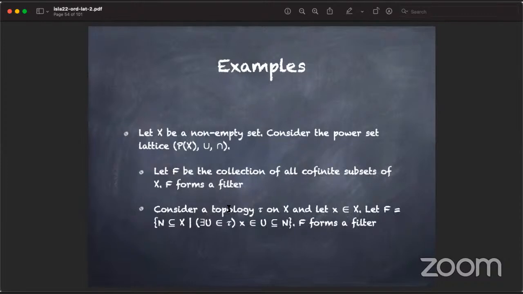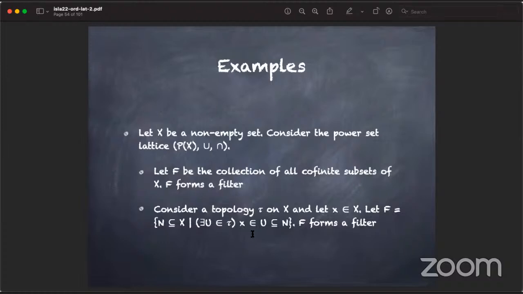Let us consider X and a topology tau over X, and consider any small x, an element in capital X. Now if you consider this collection N of subsets of X, we can say in some sense N is the neighborhood system of x, where all such subsets contain an open set containing x.